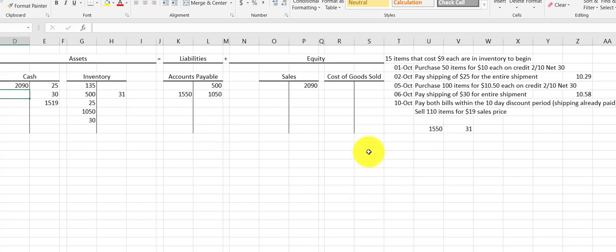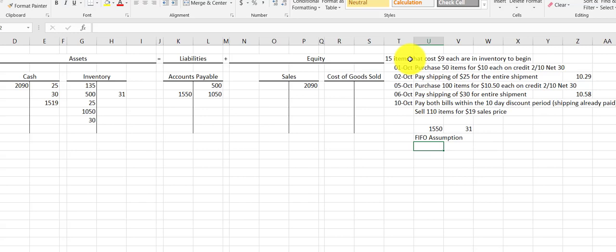Now we need to know what cost of goods sold is. So if we do a FIFO assumption, we don't know which ones we sold, but we assume that we sold using the FIFO assumption, then that means we're going to sell the oldest ones. So the oldest ones are always the ones that are in the beginning inventory, right?